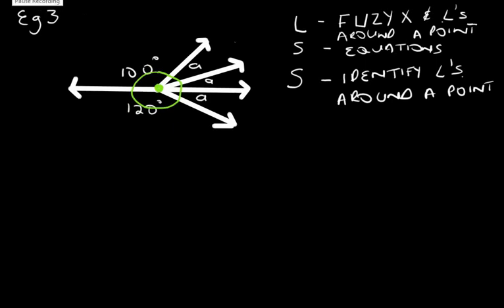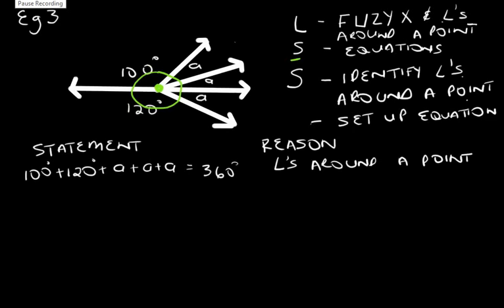Then which skills do we need to employ? We need to also know how to do equations. And then our strategies is we need to identify the angles around the point, which we have already done. We also need to set up an equation to solve for A. So let's do that now. Therefore, 100 degrees plus 120 degrees plus A plus A plus A will be equal to 360 degrees.